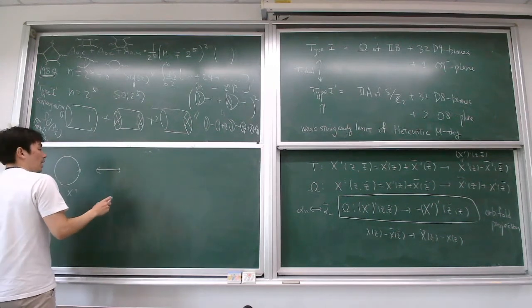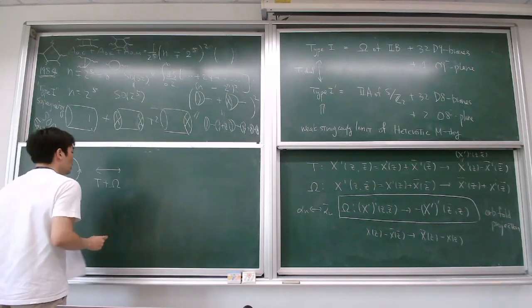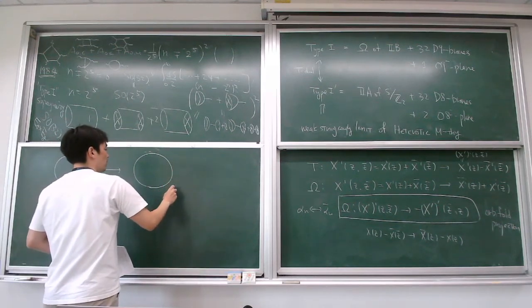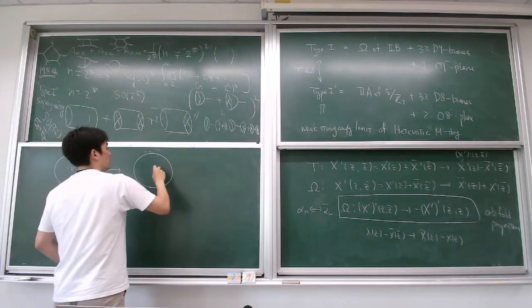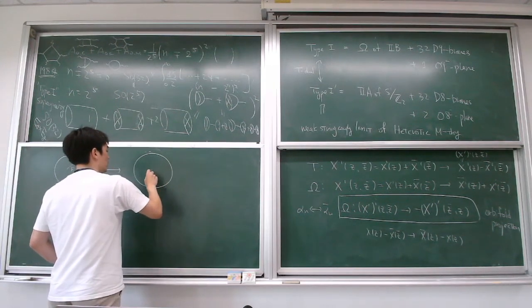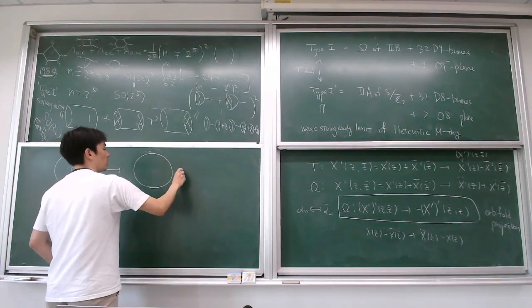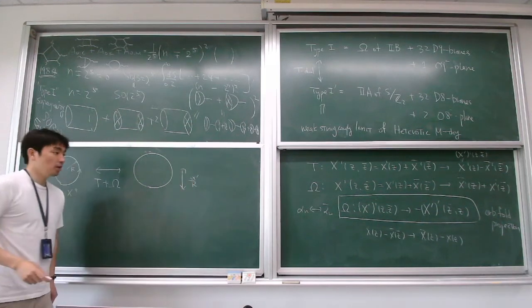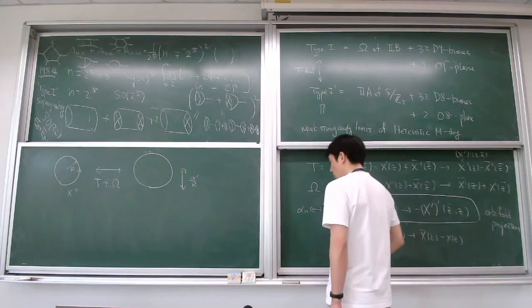So orientifold plus T-duality will give you as follows. You have the S1 with radius R, and the T-dual radius alpha prime over R, but we need to do the following operation.